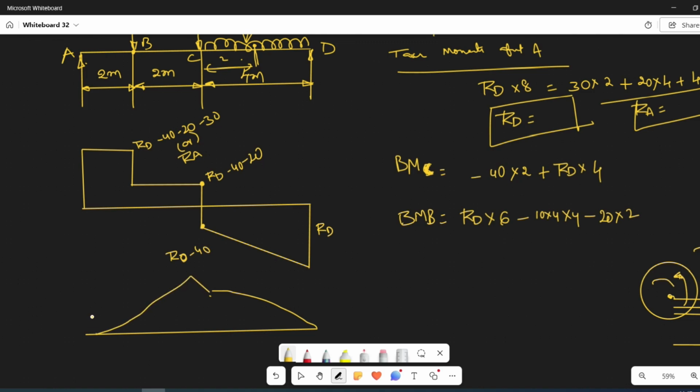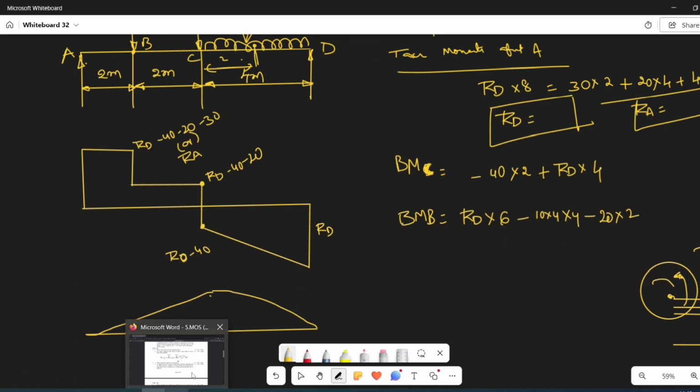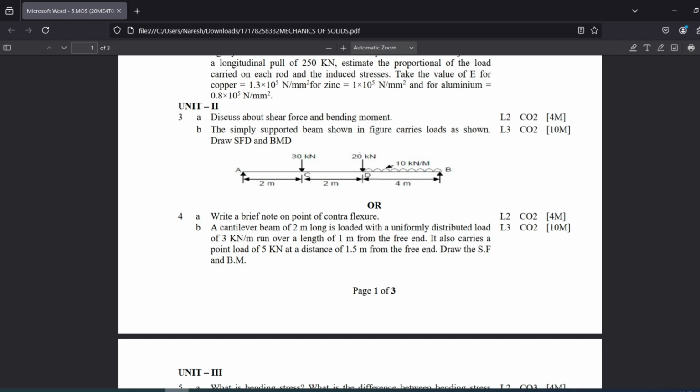It need not be exact. And by the way, if you want to solve these problems, the given link will create the bending moment diagram as well as the explanation.